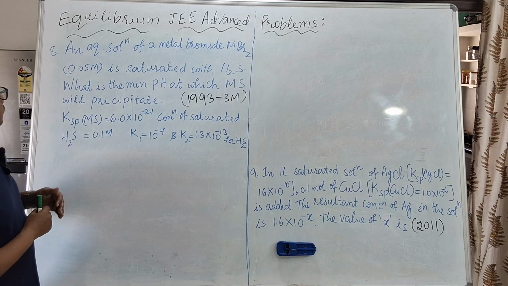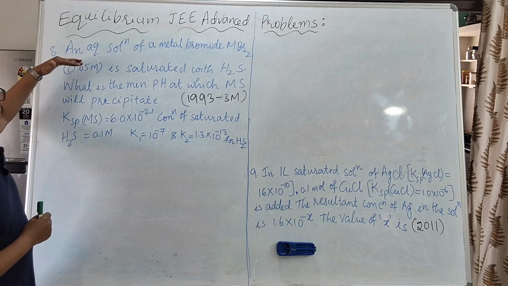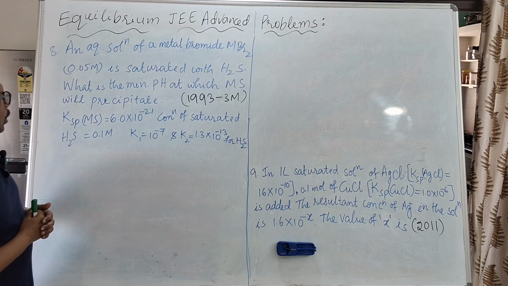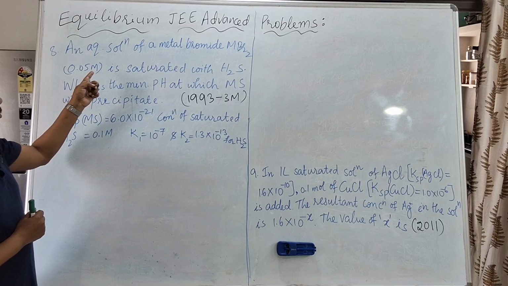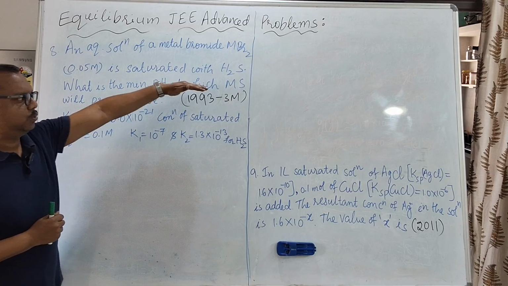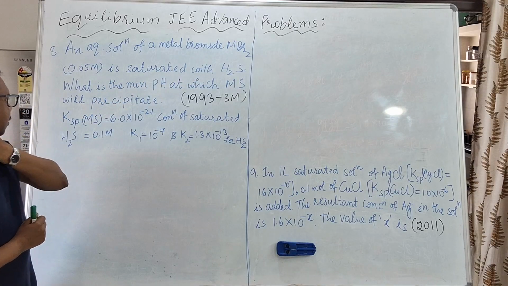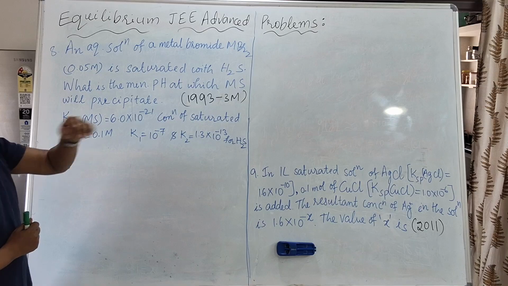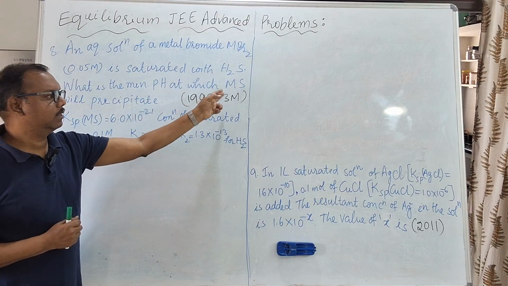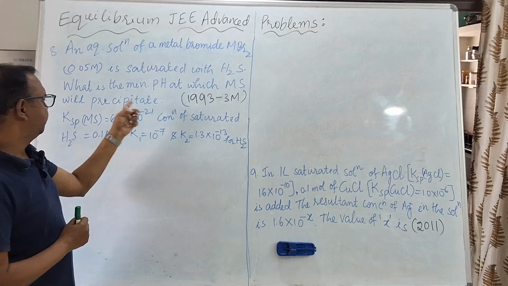From equilibrium: an aqueous solution of a metal bromide MBr2, 0.05 molar, is saturated with H2S, hydrogen sulfide. What is the minimum pH at which MS, metal sulfide, will precipitate?